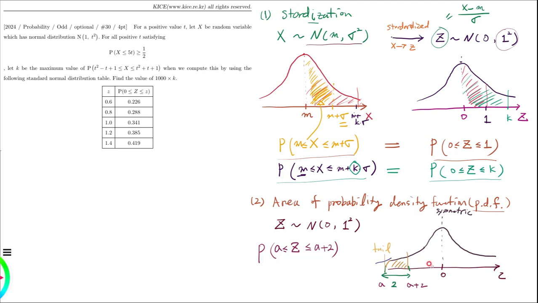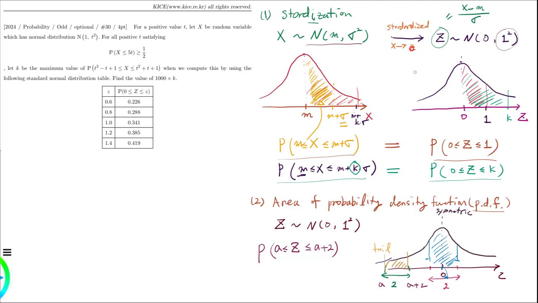The other case, this interval contains its mean here. The ideal case is the mean is on the middle point of this interval, and its area will be like this.